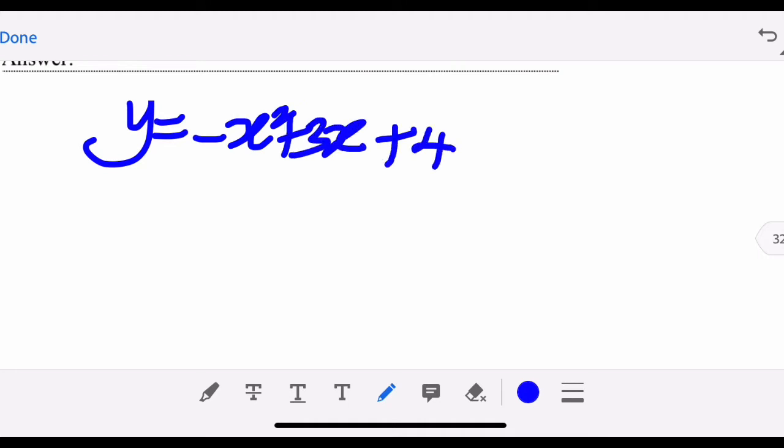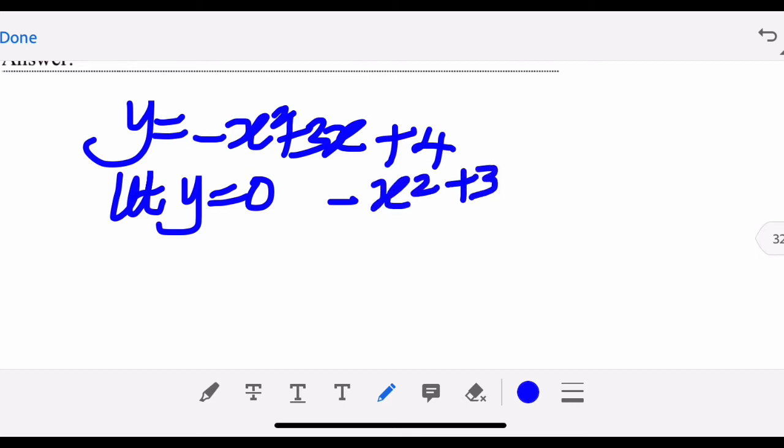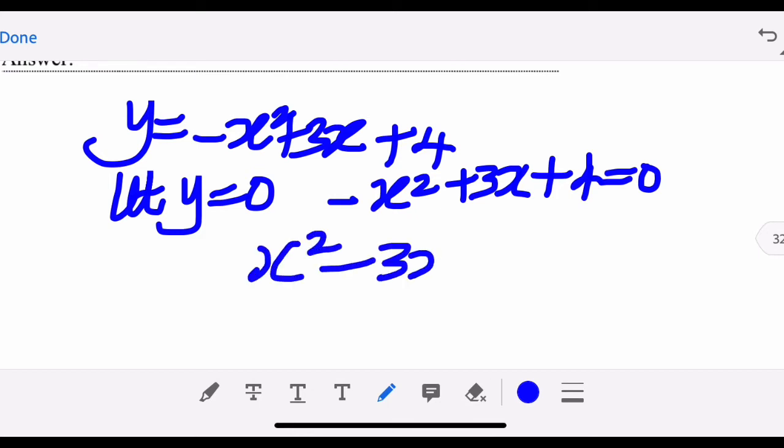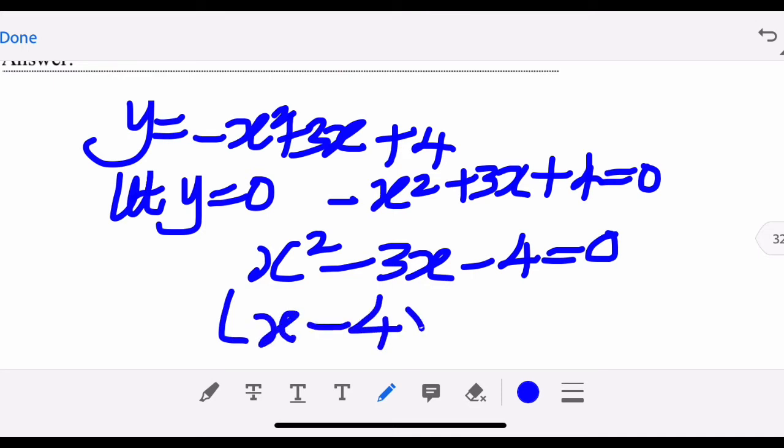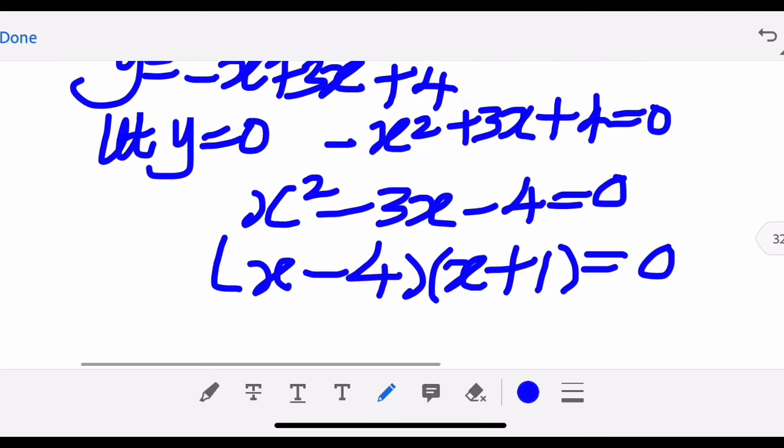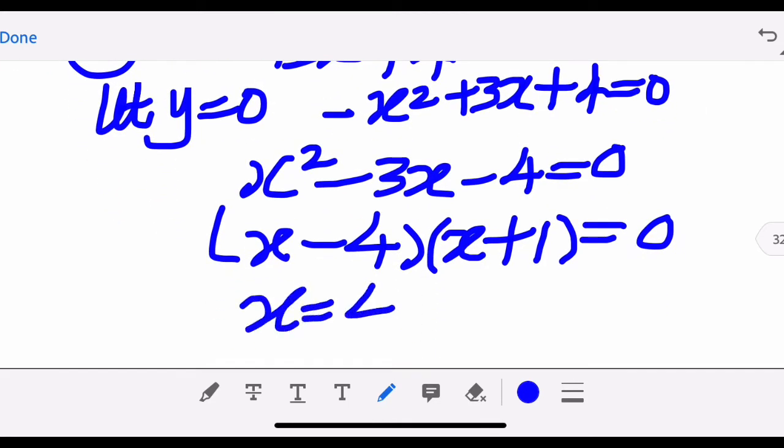Then you let y be 0 because it's on the x-axis, so negative x squared plus 3x plus 4 equals 0. Then you make it positive before you factorize. Once I see you factorize, or you solve it here, you are entitled to 1 mark because you can solve the equation.